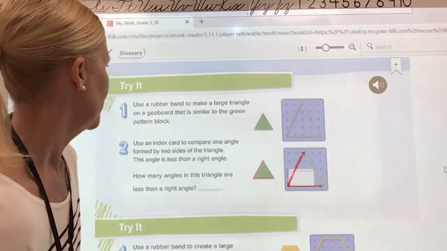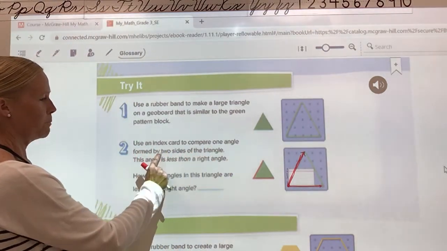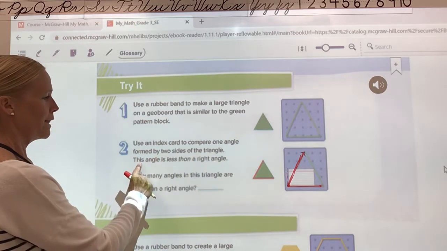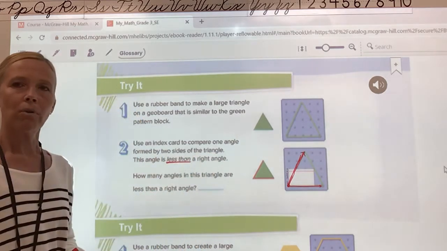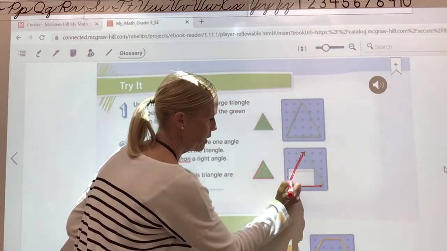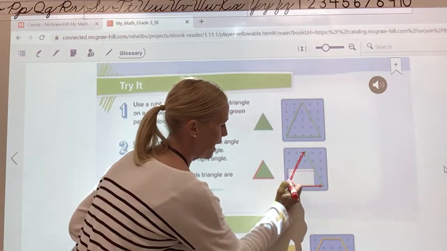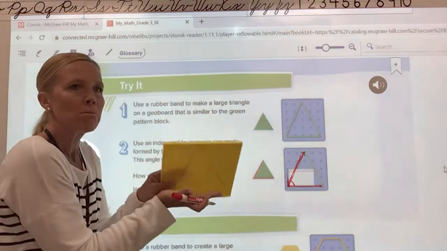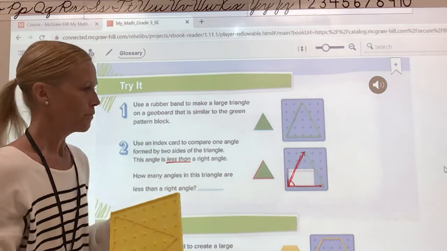So if we look, it says, I'll read this again. Use an index card to compare one angle formed by 2 sides of the triangle. This angle is less than a right angle. Why is it less than? Well, here's my angle down here. Okay? In a square angle, it would have had to come clear out here. But it's smaller than that. So it's less than a right angle.